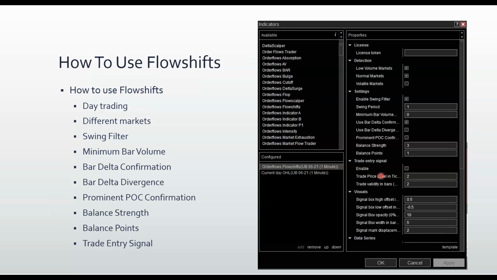The conditions are met here for this market to start moving, okay? And now when it comes into getting into the trade, if I have this enabled, within the next 2 bars, the market has to move at least 2 ticks in that direction. Because how many times have you bought something, right? You got into a trade, and then the market immediately went the opposite way.